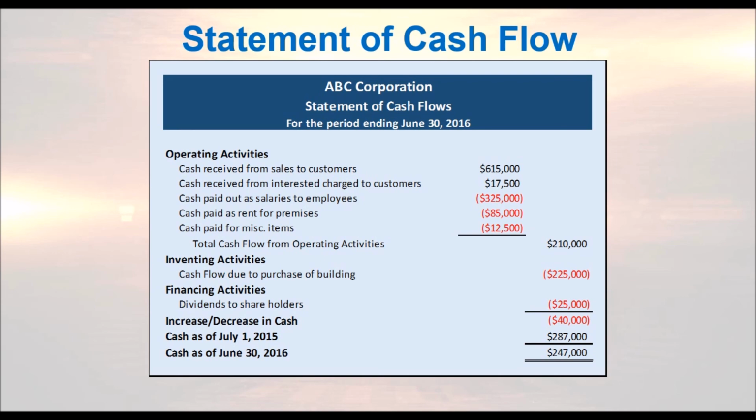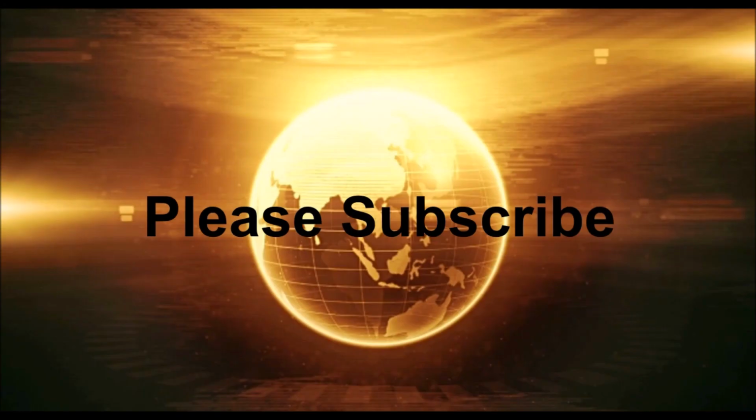So from 287,000, the cash as of 30th of June went down to 247,000. So basically, those are the four statements that we use in accounting. And like I said, we have just discussed what these statements are. We have not gone into how these statements are put together, and those will be coming in subsequent videos.